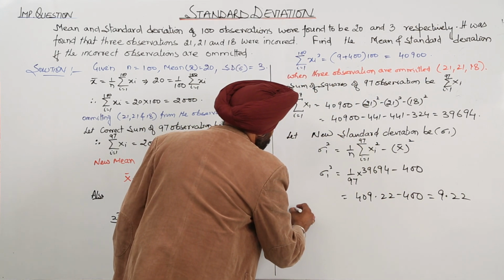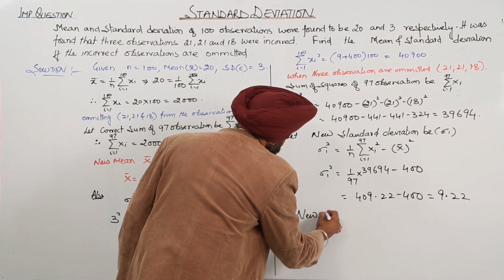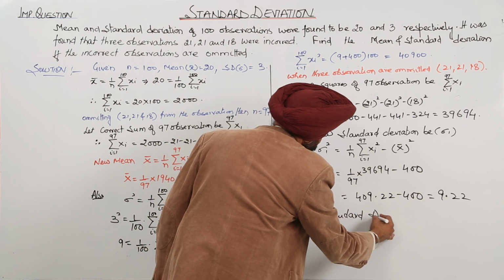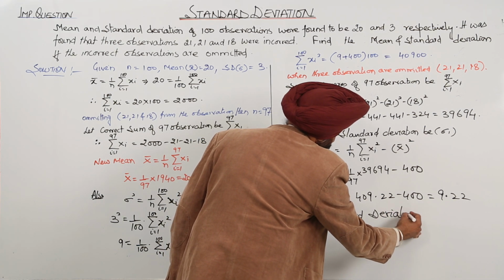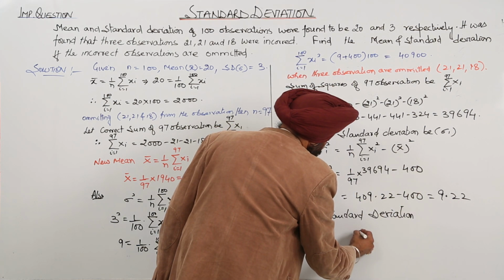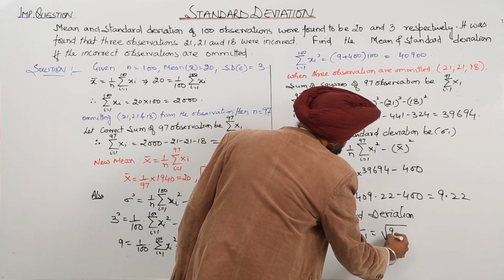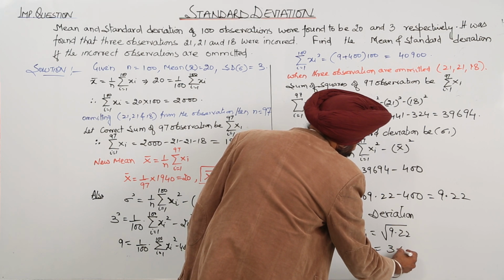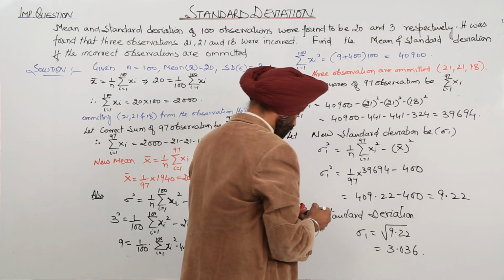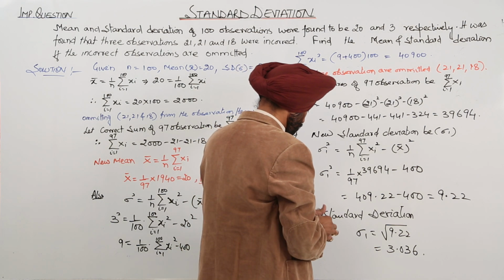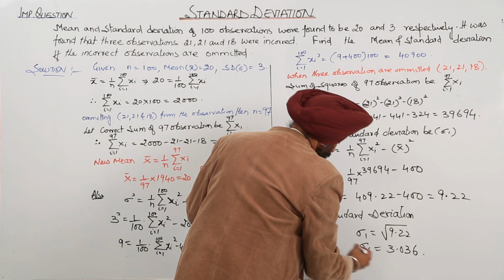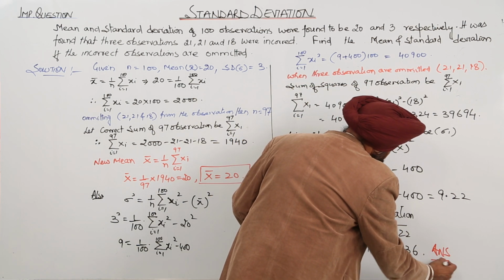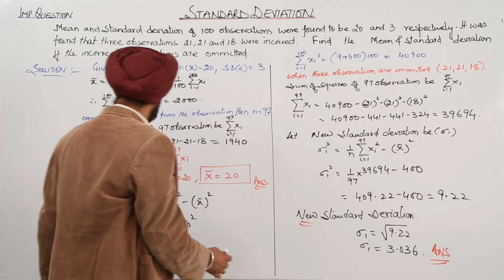Now the new variance is 9.22, or the new standard deviation is 3.03. So this is the new standard deviation and new mean.